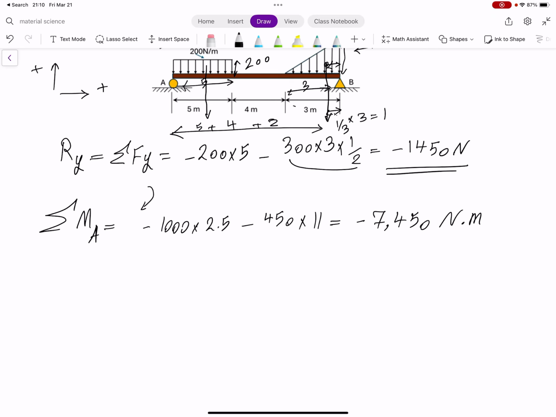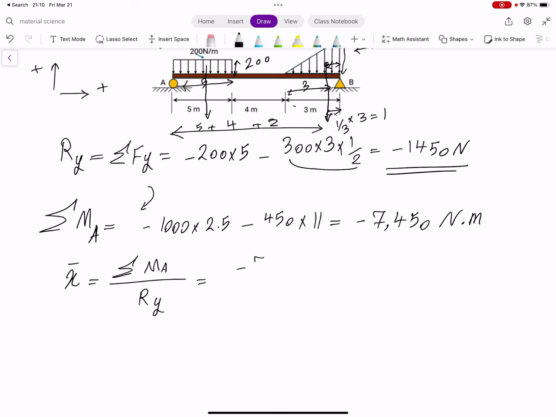The next step is to find the location of the resultant. X bar, right? The X bar is going to show the location. MA divided by RY. So we have both of them.